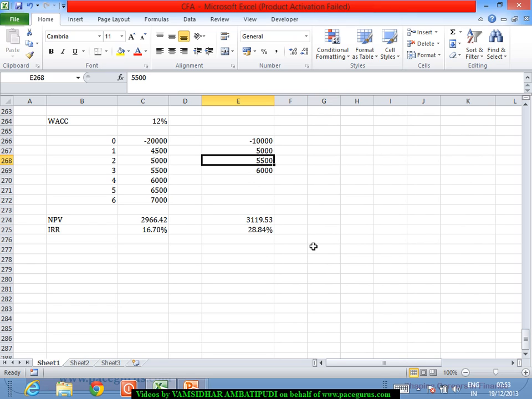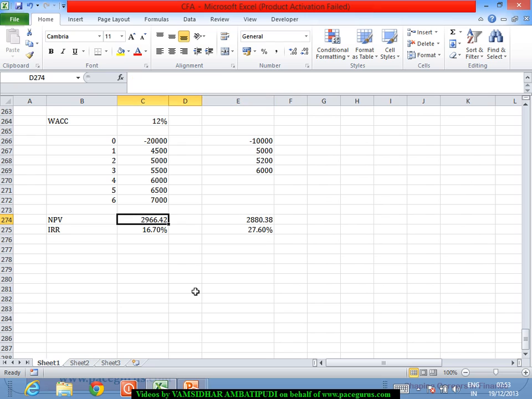So let me make a small modification to these numbers. Instead of 5,500, if I say 5,200, what we are seeing here is, for the first project the NPV is 2,900, whereas for the second one it is 2,800.